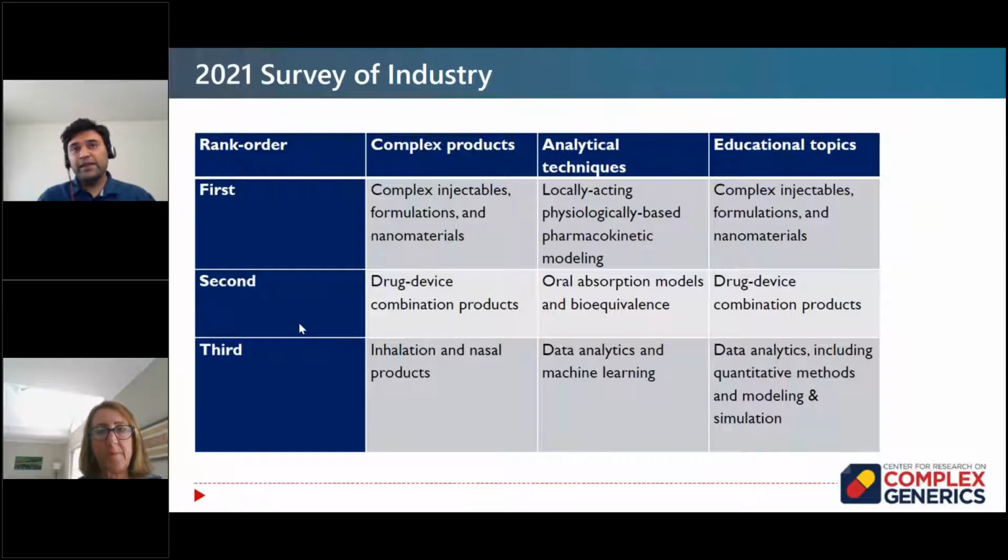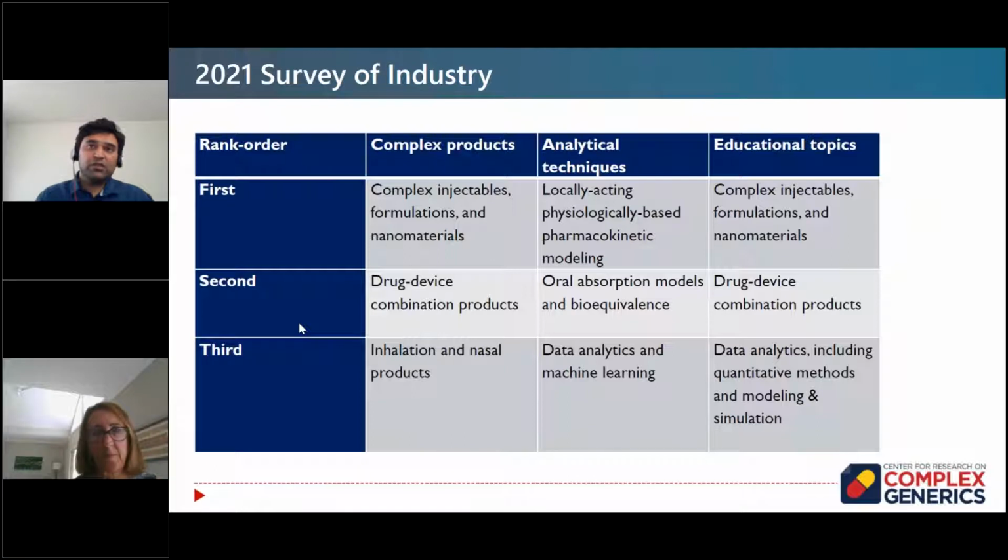The locally acting drugs are the drugs that, when given orally, would work in the gastrointestinal tract. When they are given dermally, they work on the skin, etc. The second priority is about oral absorption modeling and understanding the orally administered drug for systemic application, for example, and a typical bioequivalence role of modeling in bioequivalence assessment.